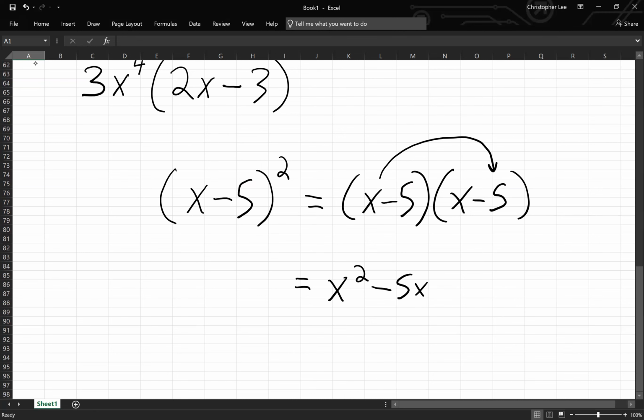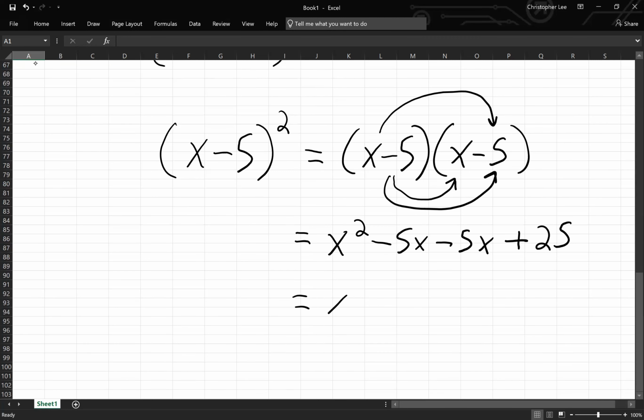Then negative 5 times x is another negative 5x. And finally, negative 5 times negative 5 is plus 25. Combine like terms: x squared minus 10x plus 25. And that's it. I was just doing 5 times 5, 25. No, you've got to FOIL it out.